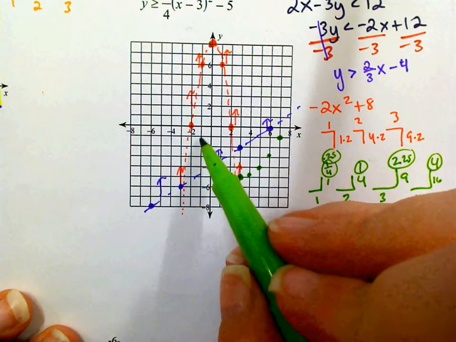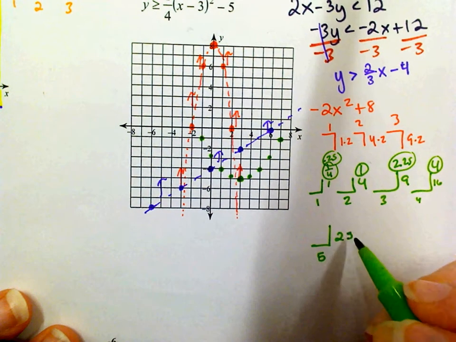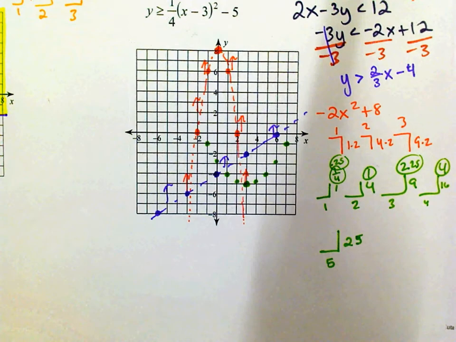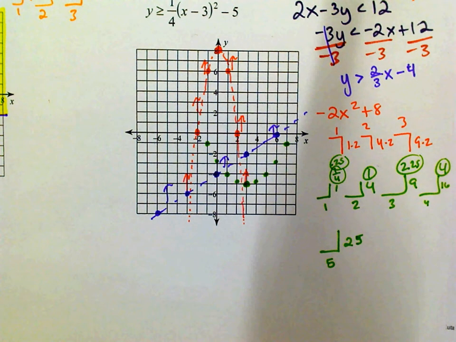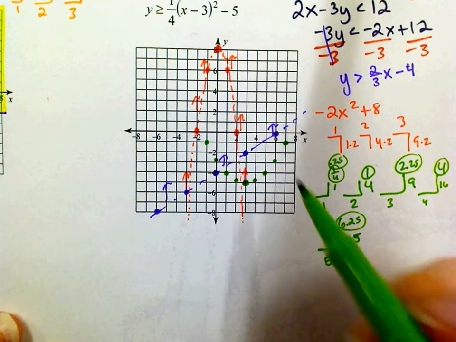I would go to the right 5 and up 25. What's a fourth of 25? 4 goes into 25 six times with 1 remainder, so 6.25. Right 5 and up 6.25.